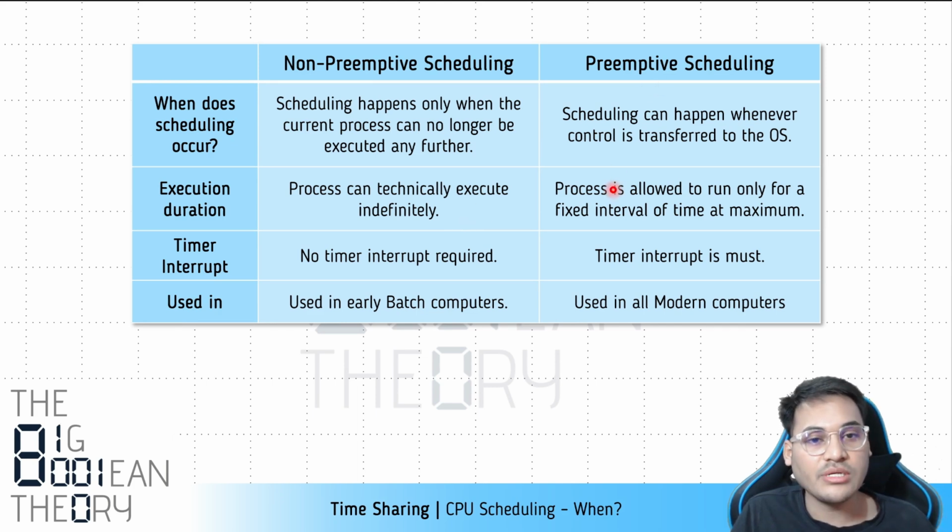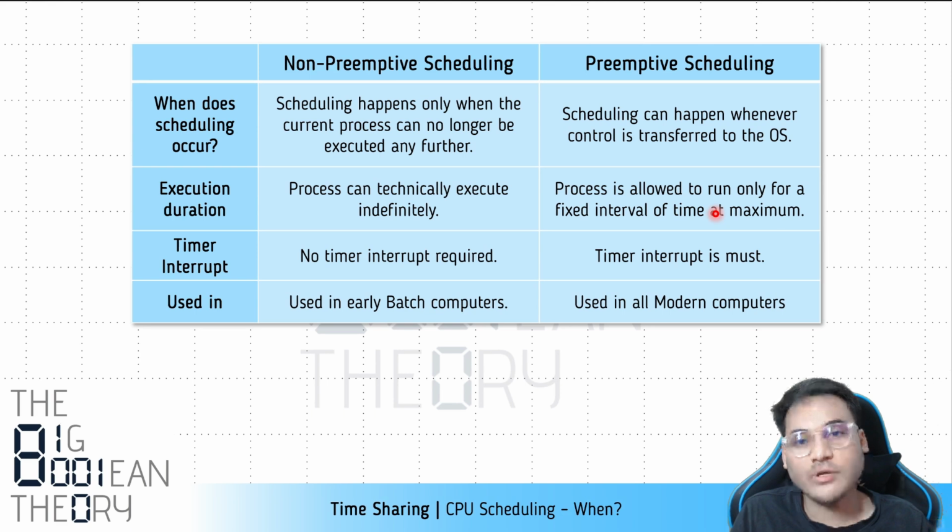Whereas in the case of preemptive scheduling, the process is allowed to run only for a fixed interval of time at maximum. So let's say the current process is not terminating, it is not blocking, and it is not getting interrupted, right?